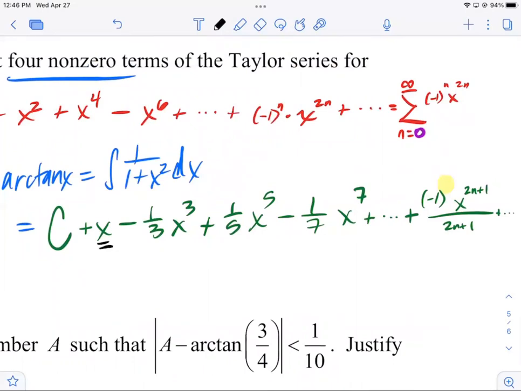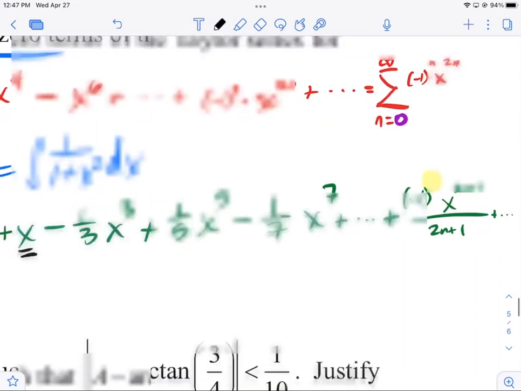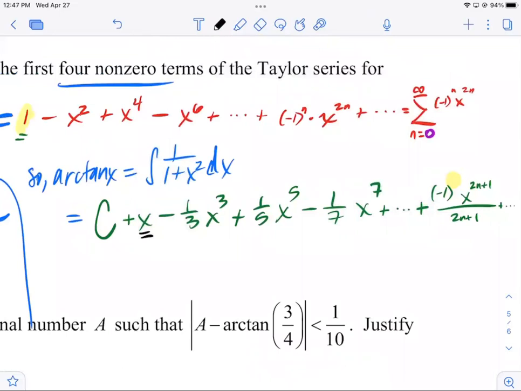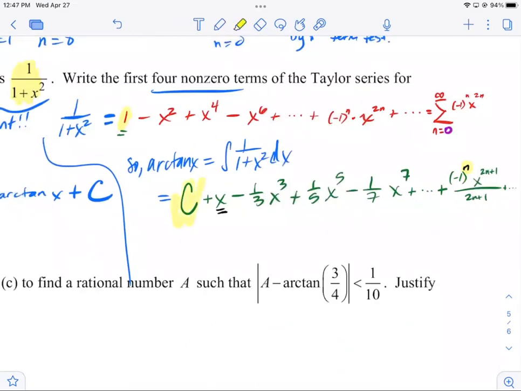It has to be positive. So in order to get an x there, n has to be 0. When n is 0, I get x to the 1 over 1. Would negative 1 to the 0 give me a positive term? It does. So I can just leave that as n. But I can't stop there because now I need to know what C is. They give me an initial condition to find C.